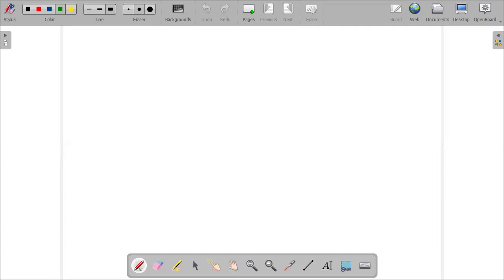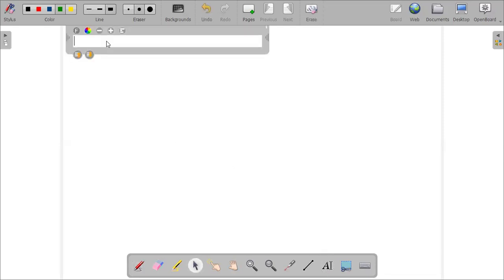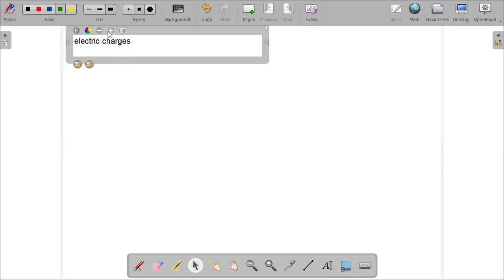So in the last class, what all we had done about electric current? Up to now, you should be able to define electric current.